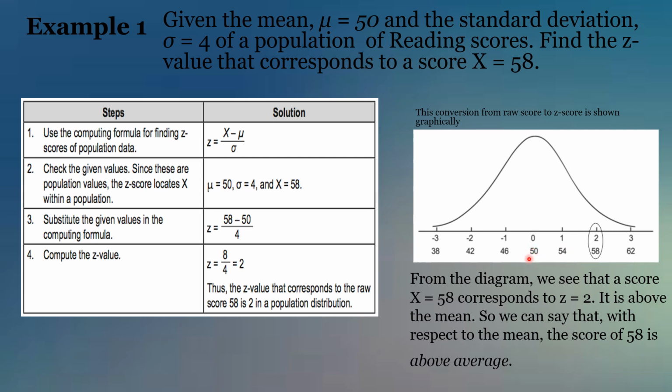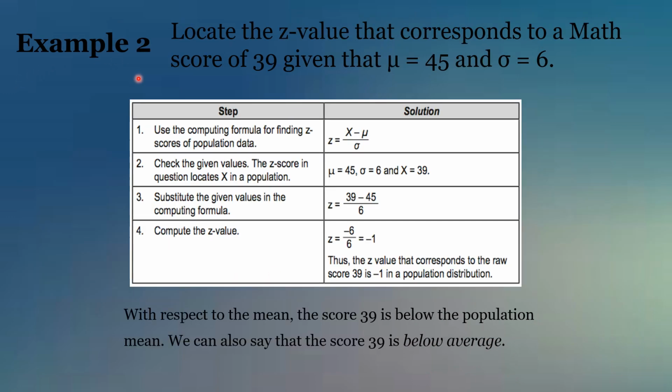So, meaning yung pagitan bawat units is 4. So, from the diagram, we see that a score of 58 corresponds to 2. It is above the mean, so we can say that with respect to the mean, the score of 58 is above average.